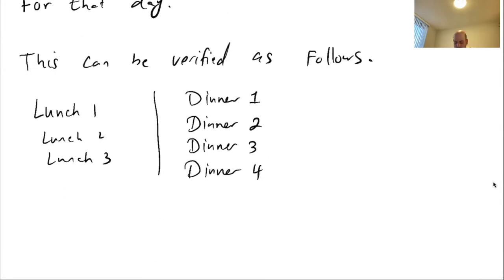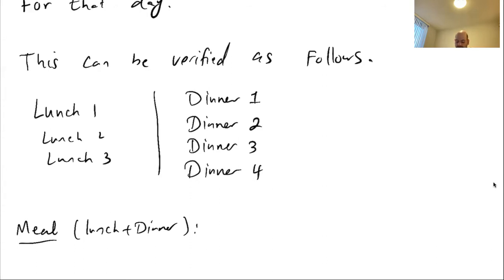Then for the meal, lunch plus dinner, what are my options? Lunch 1 is one specific food, could be, for example, chicken pizza. Lunch 2 could be some other food, lunch 3 some other food, and dinner 1, let's say, is a specific salad, and so on.